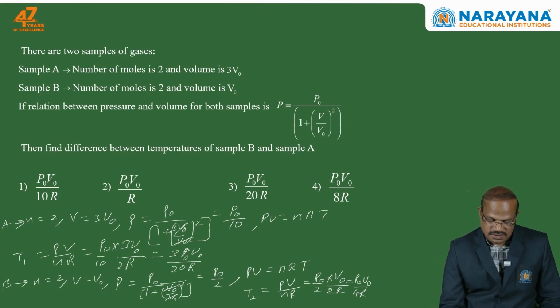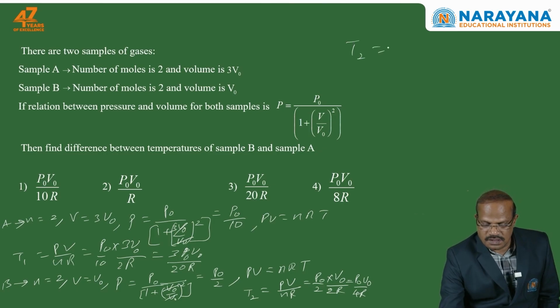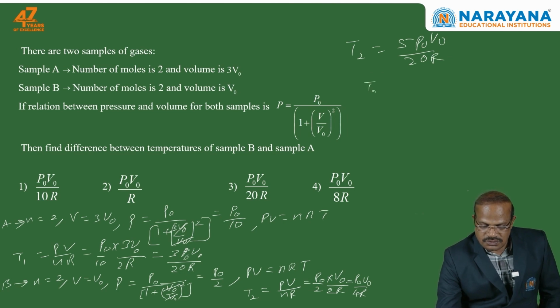Then what is T1 minus T2? You can write T2 as 5 P naught V naught by 20R. So T2 minus T1 is 5 P naught V naught by 20R minus 3 P naught V naught by 20R.